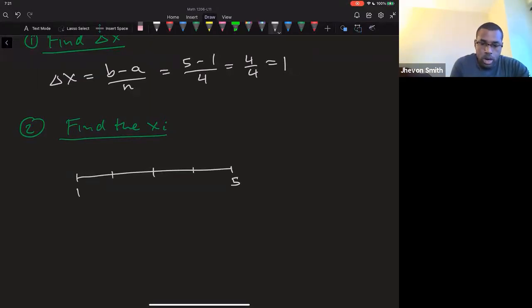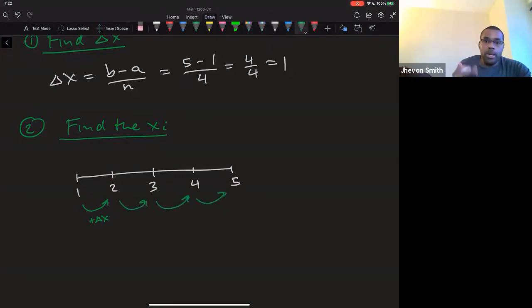I'm going to start at the first one and add delta x, and keep going. 1 plus 1 is 2. 2 plus 1 is 3. 3 plus 1 is 4. 4 plus 1 is 5. And I just keep doing that to get the others.